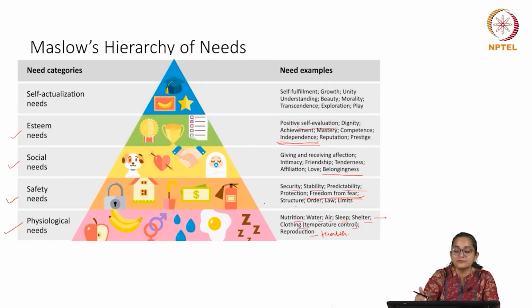So all of those things we've been talking about so far also, and this gives just a structure for you to kind of prioritize the needs. Then on the top is the self-actualization needs, where an individual's aspects or aspirations related to growth, exploration, morality, beauty, all of those aesthetics come into picture.